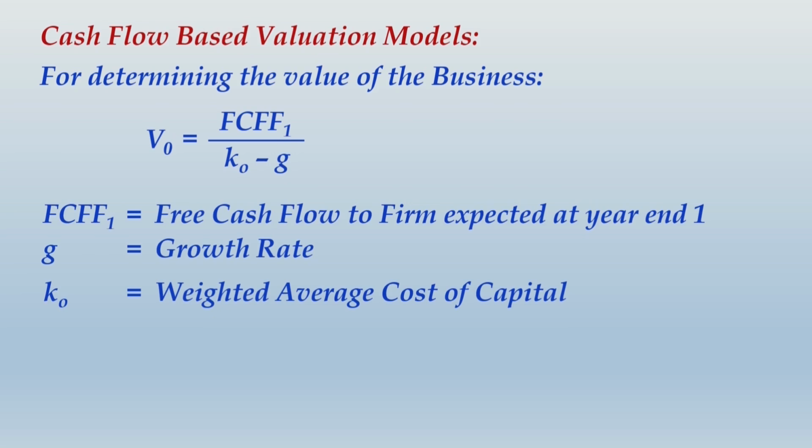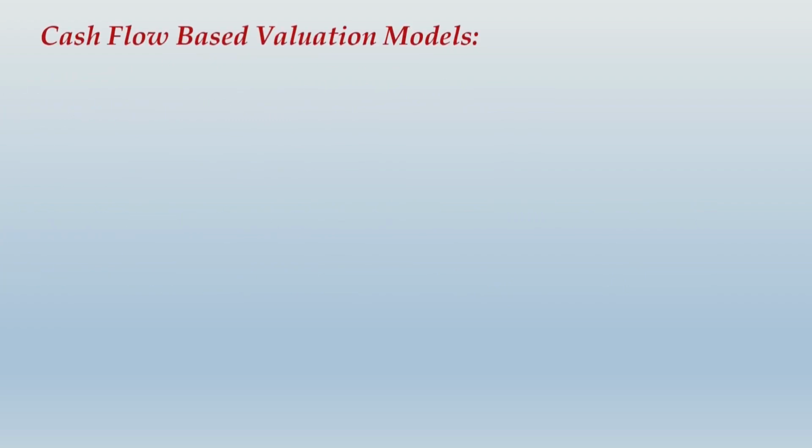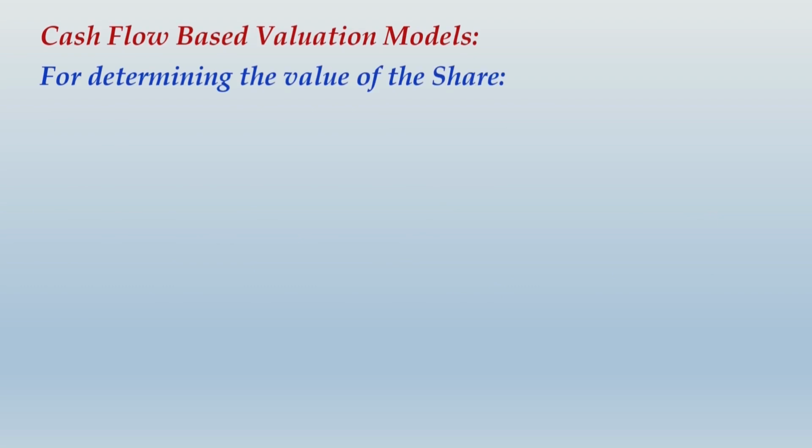Alright friends, once you have completed writing this, let us move ahead. Under the heading cash flow based valuation models, now you will write for determining the value of the share, it will be V0, you can also write P0, that will be FCFE1 divided by KE minus G. Keep in mind one thing: when it is the value of business, you must use the variable V0.